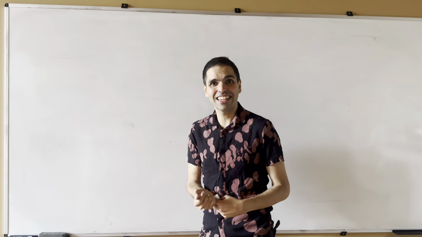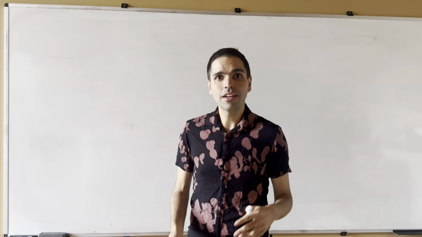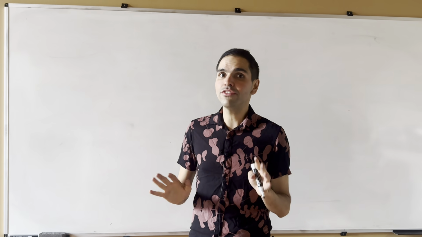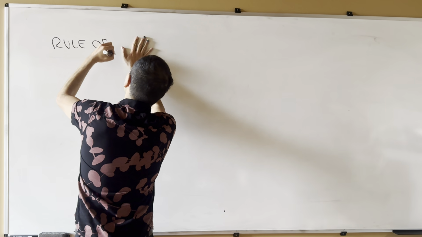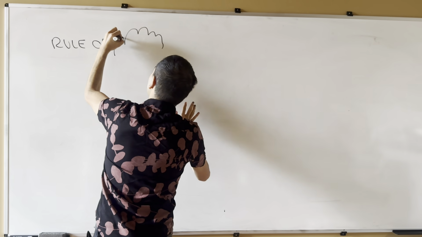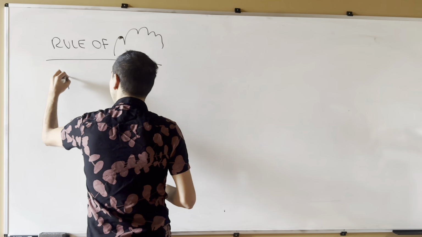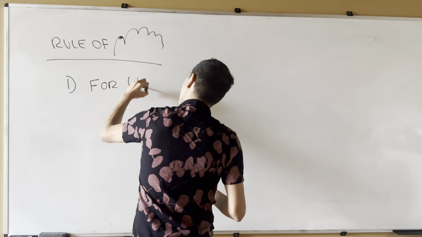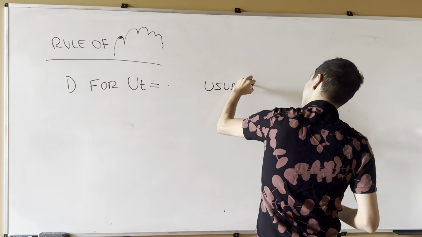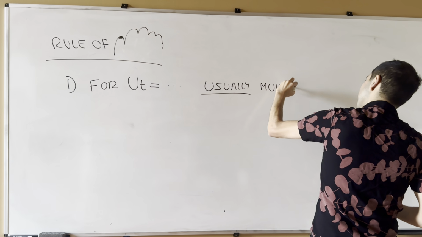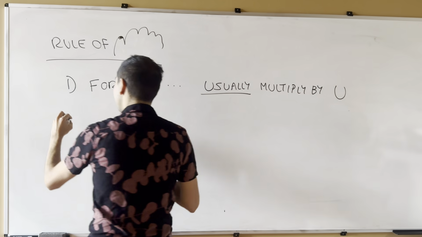Now, another question that I always get is, what do you multiply your PDE with? So in this course, I want to give you a little rule of thumb. If you see an equation of the form ut equals blah, usually multiply by u. That we'll see with the heat equation.